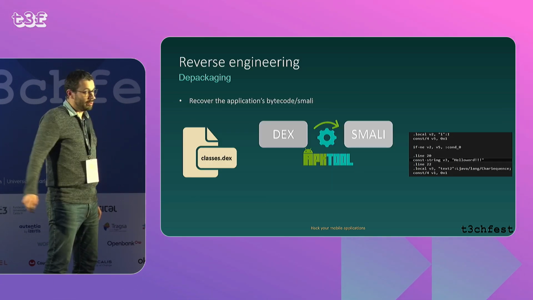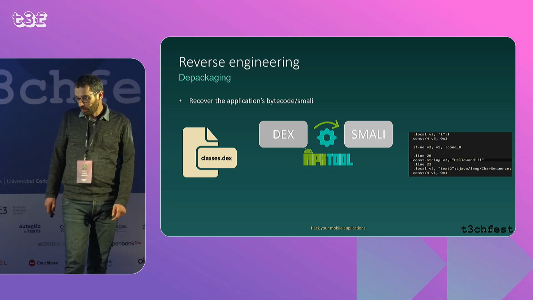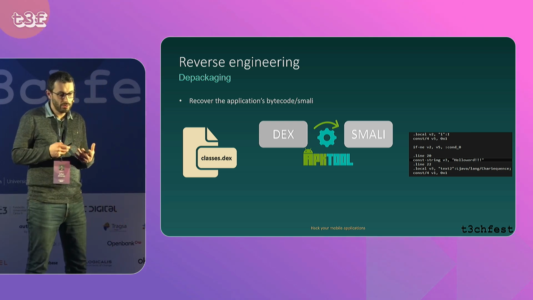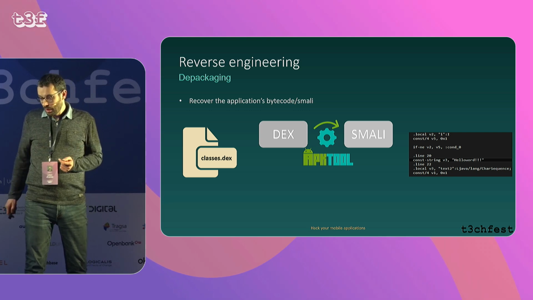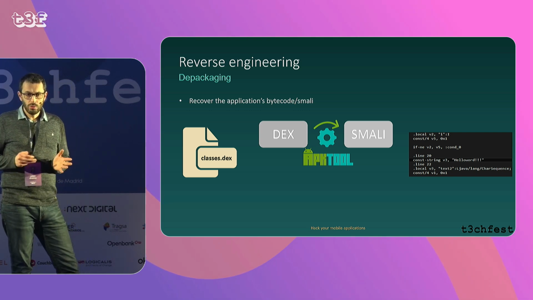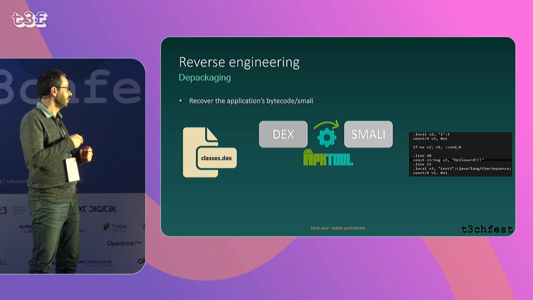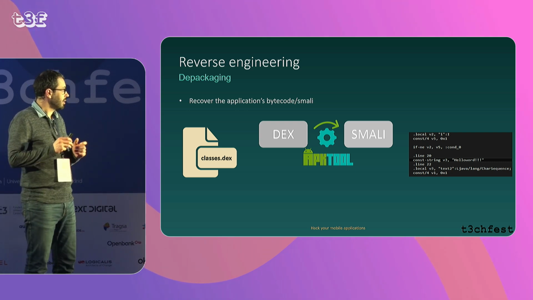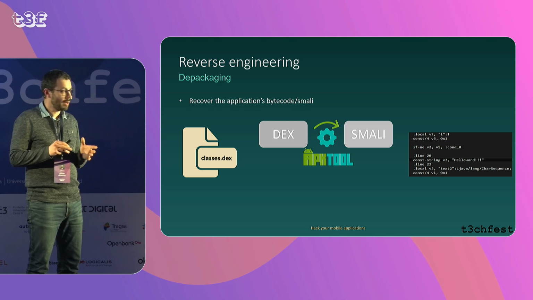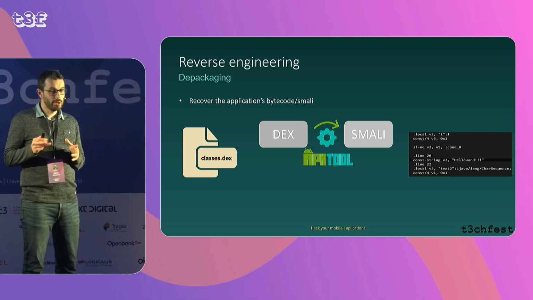Okay, and now how will I understand the code, how will I go into the code? I have two different tools to do this. The first one is APKTool. This one will take the DEX file and transform it into Smali.